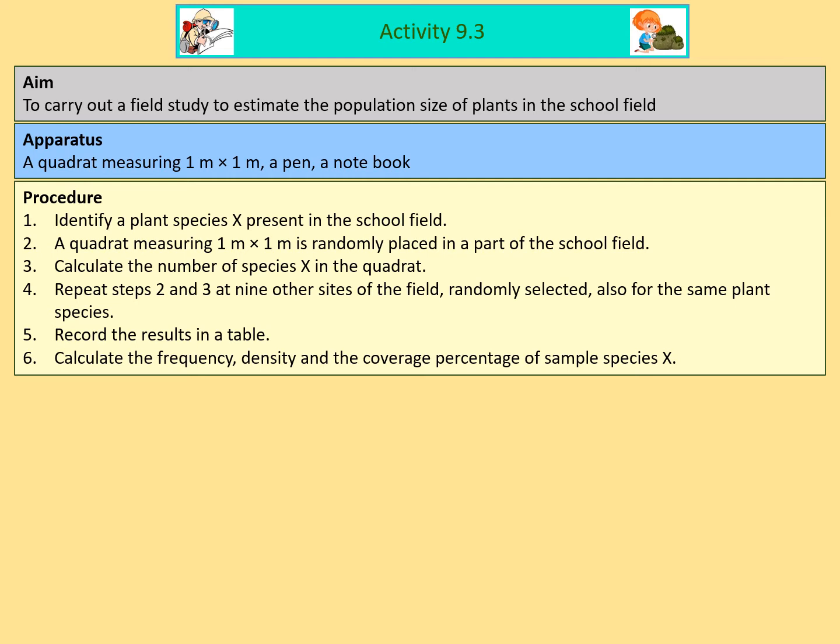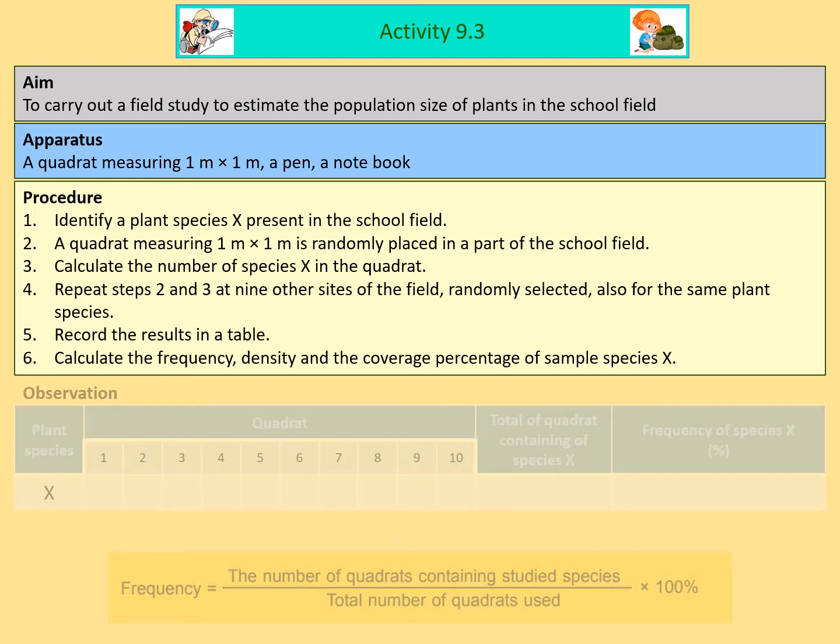A quadrat measuring 1 meter by 1 meter is randomly placed in a part of the school field. Count the number of species X in the quadrat. Repeat steps 2 and 3 at 9 other sites of the field, also randomly selected, for the same plant species. Record the results in the table. And number 6, calculate the frequency, density, and the coverage percentage of the sample species X.